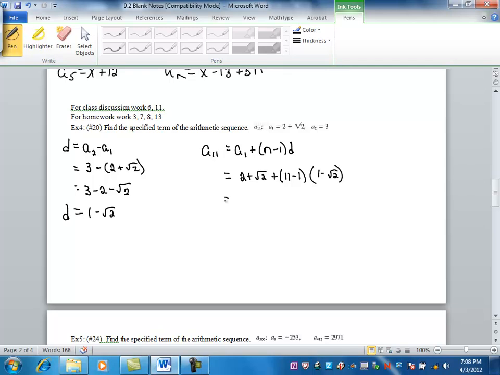So let's see what we've got, guys. This is 2 plus root 2 plus 10 times 1 minus root 2. This is 2 plus root 2 plus 10 minus 10 root 2. 2 plus 10 is 12 minus 9 square roots of 2. Arithmetic sequence, we just found the 11th term.